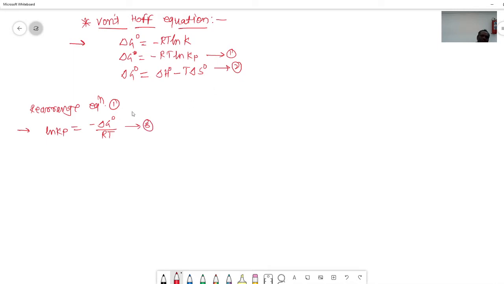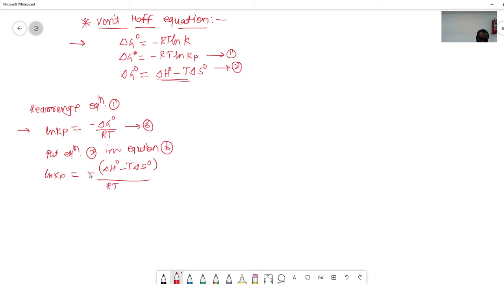Put equation 2 in equation 3. What does it come out to? ln Kp is equal to minus delta G0, and delta G0 is equal to delta H0 minus T delta S0. Therefore instead of delta G0 we are writing delta H0 minus T delta S0 divided by RT, right?